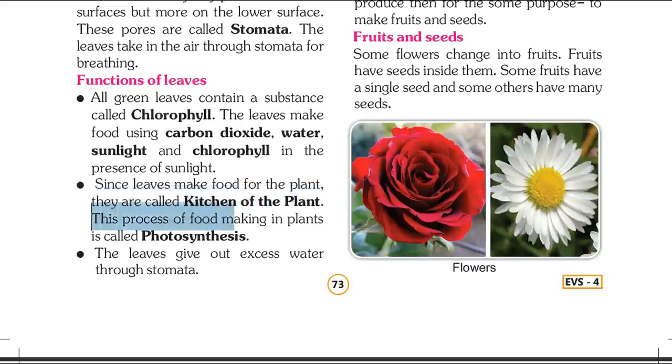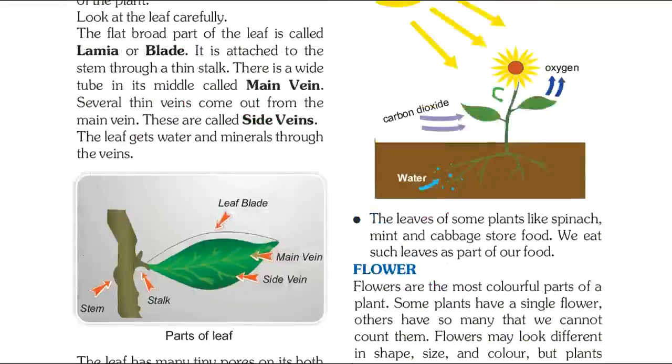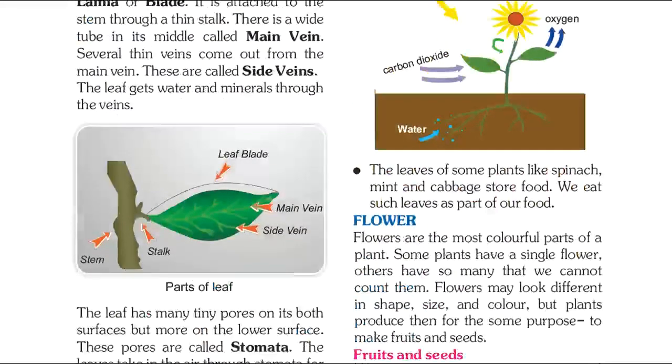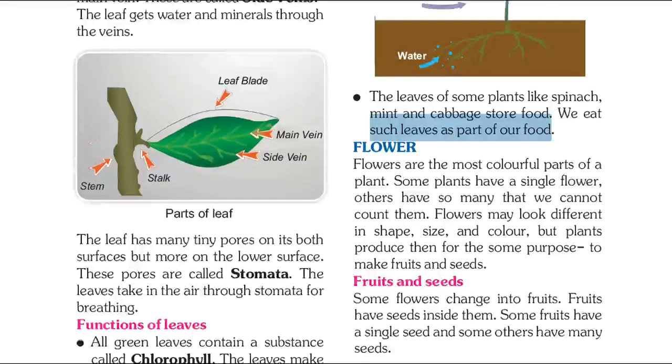This process of food making in plants is called photosynthesis. The leaves give out excess water through stomata. The leaves of some plants like spinach, mint and cabbage store food. We eat such leaves as part of our food.